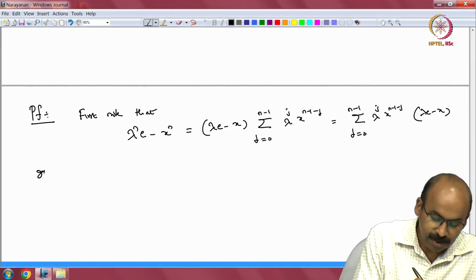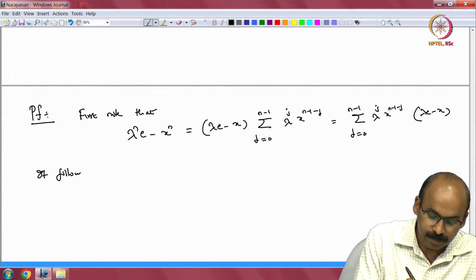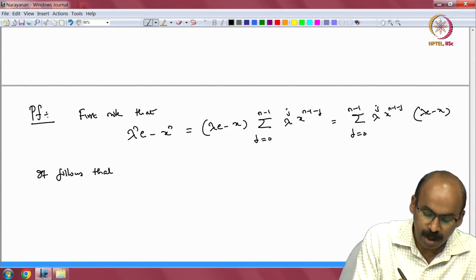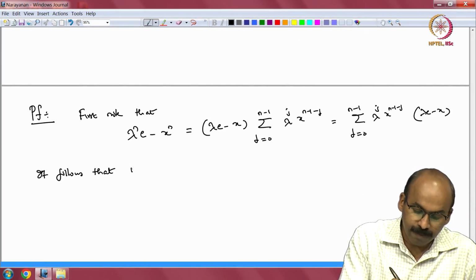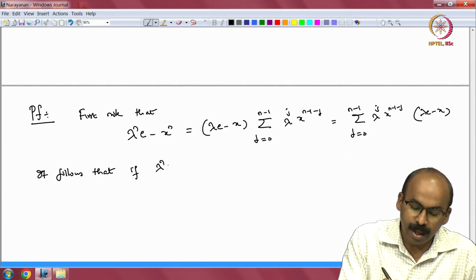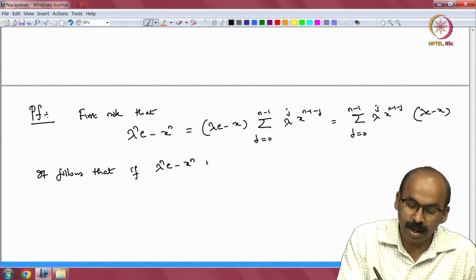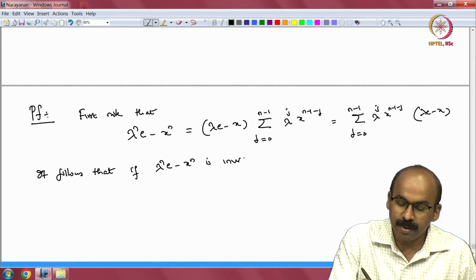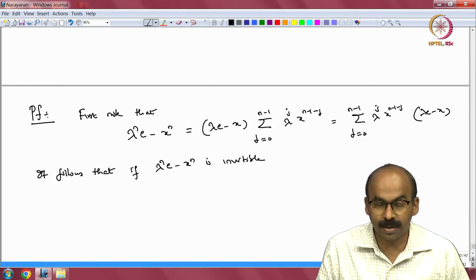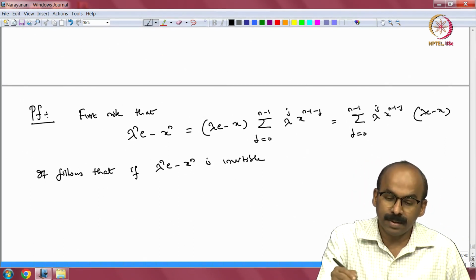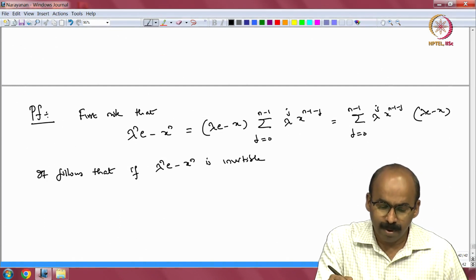So, it follows that if lambda to the n e minus x to the n is invertible, okay, so that is the left hand side is invertible, then of course the right hand side is invertible because it is the product. But what are we getting?